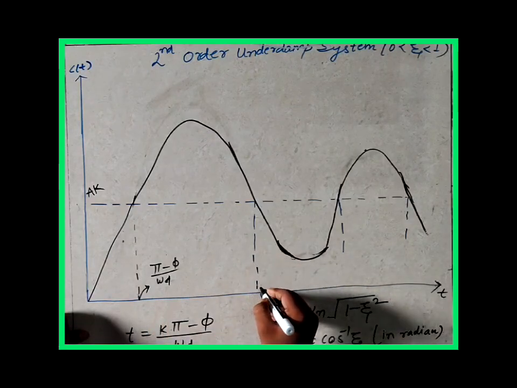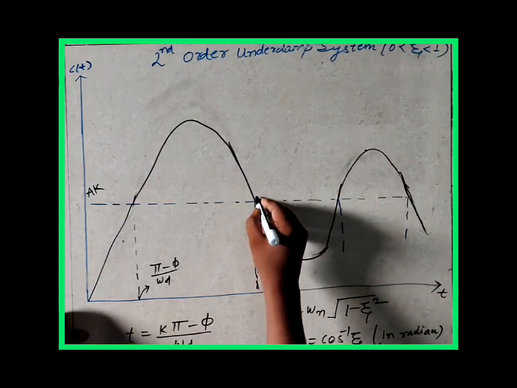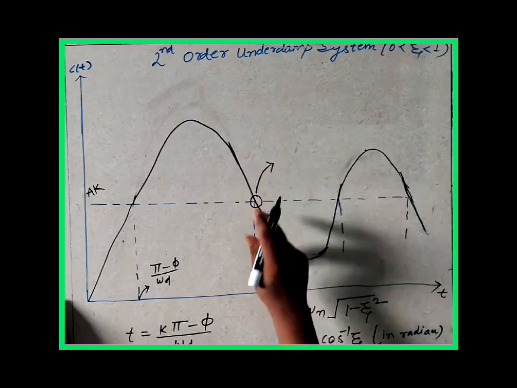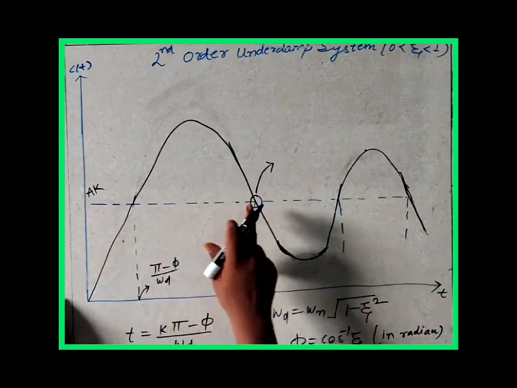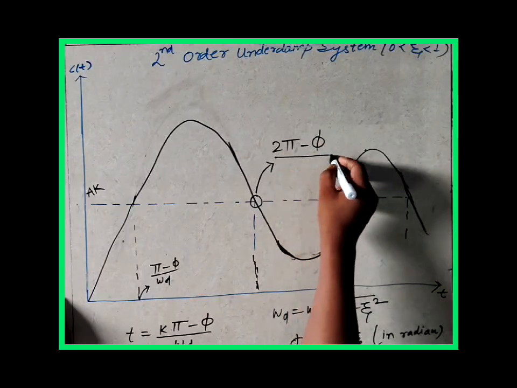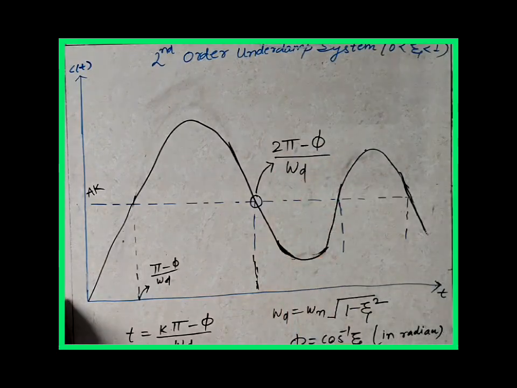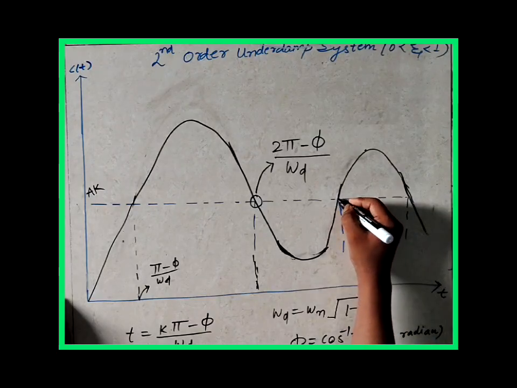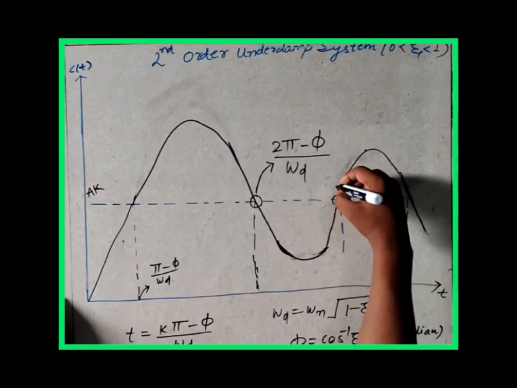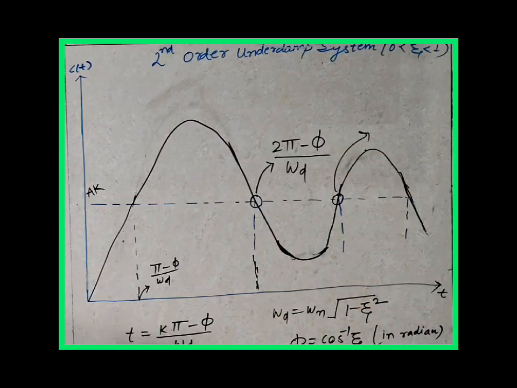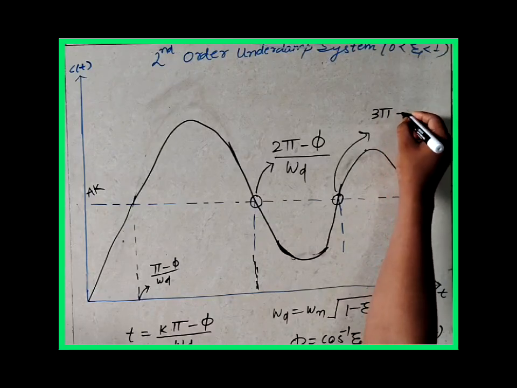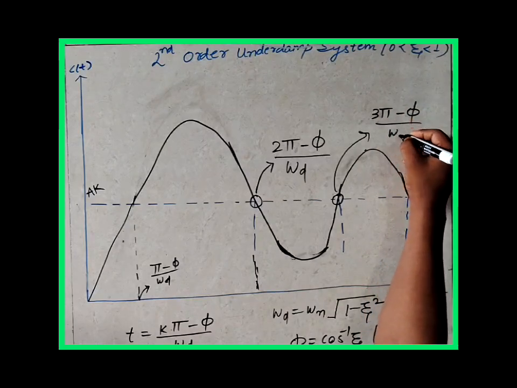For the second time instant, at this point, putting k equals 2 because it is the second time, it will be 2 pi minus phi divided by omega d. This is the third point, so it will be 3 pi minus phi divided by omega d.